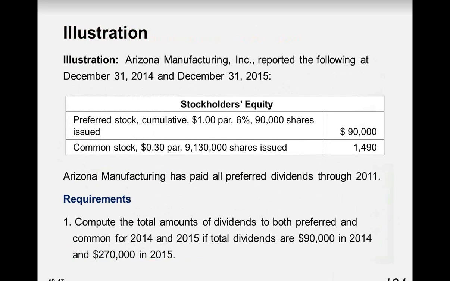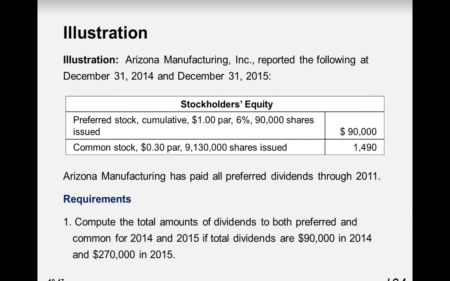Here's another little illustration for you to stop and think about. Arizona Manufacturing reported the following at December 31st, 2014 and December 31st, 2015. They had preferred stock, cumulative, $1 par, 6%, 90,000 shares issued. They had common stock, 30-cent par, 9,130,000 shares issued.